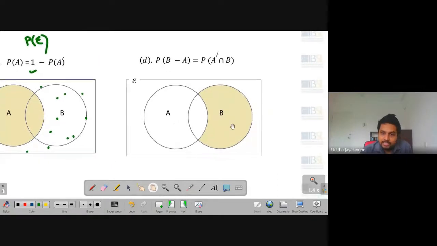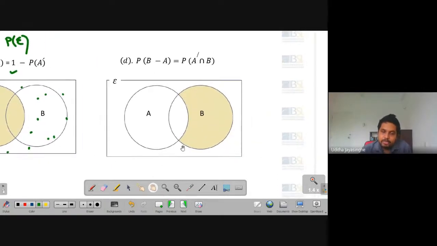Now I'm bringing in this probability of B minus A explanation. B minus A. What do you mean by B minus A? What's the area which is only unique to B? B minus A is the way to write it in probabilistic language.